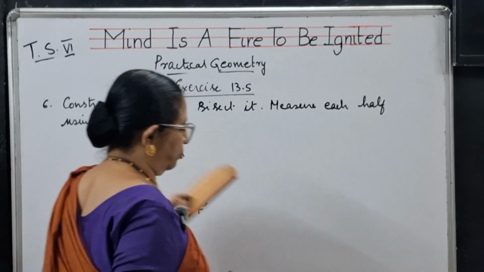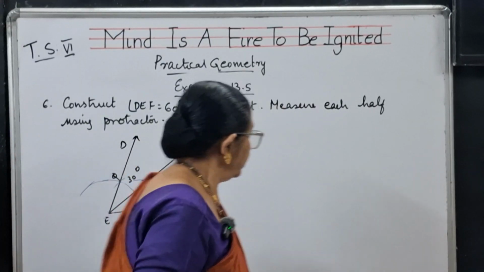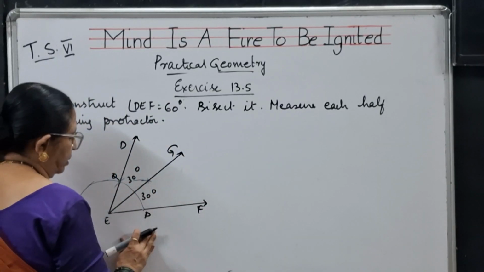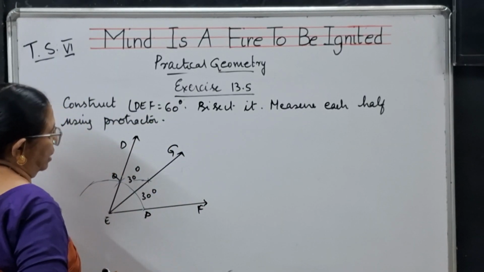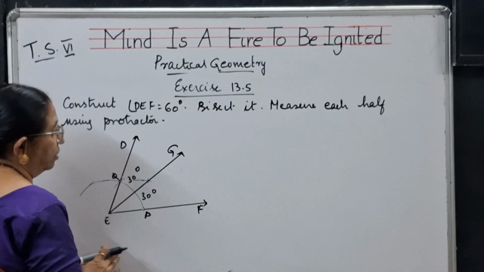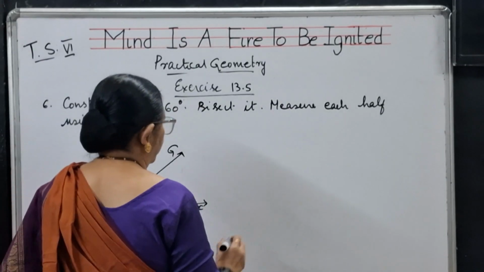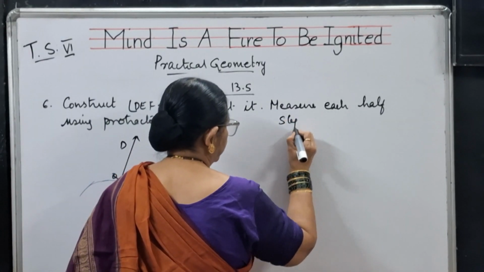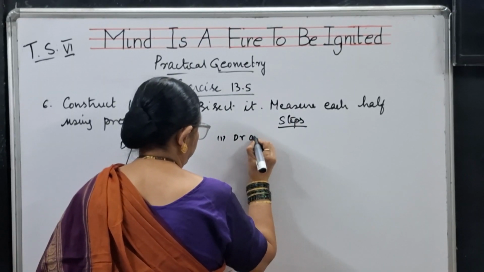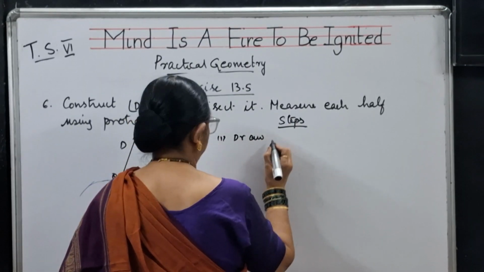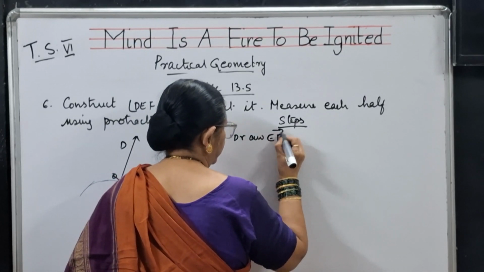If you use the protractor, or by using your compass and ruler, you can get this. So how will you write the steps of construction? First one, draw EF ray.